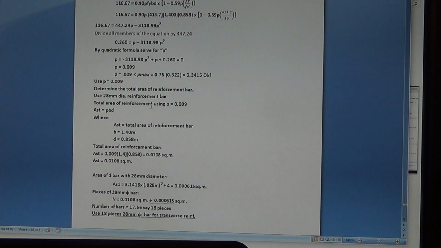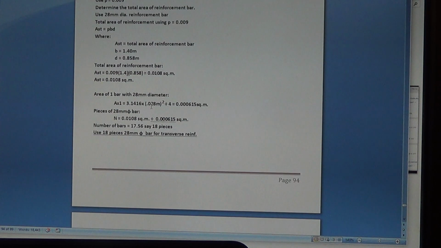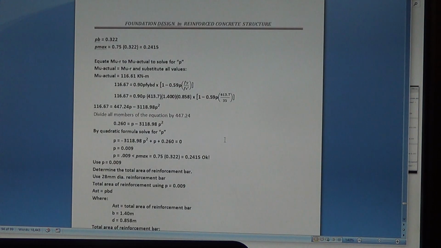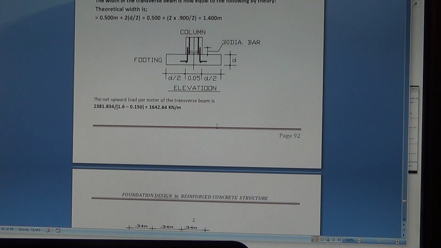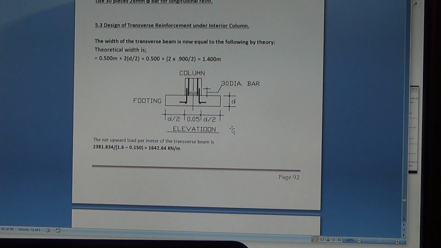Here's this part of the book, and there are about 94 pages. There's about 120 pages for this, for two foundations. I'm going to show you some parts of the book.